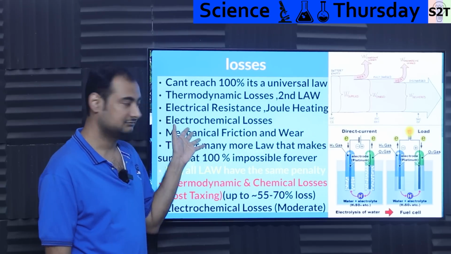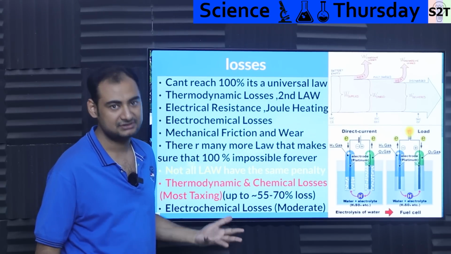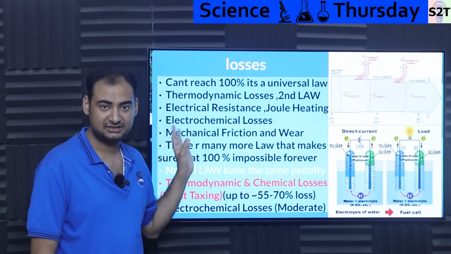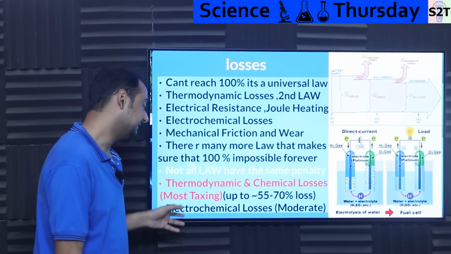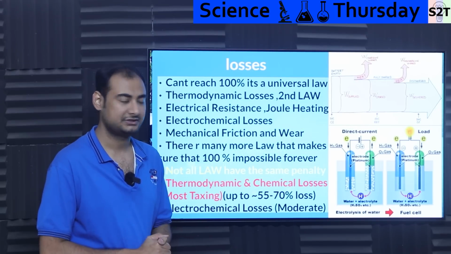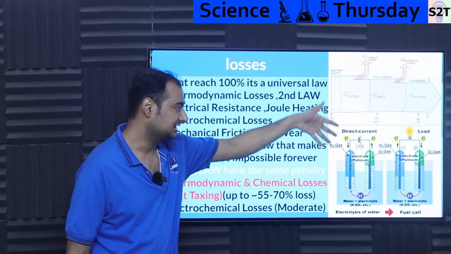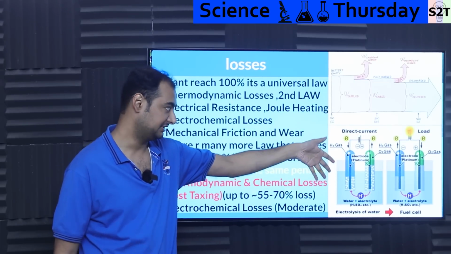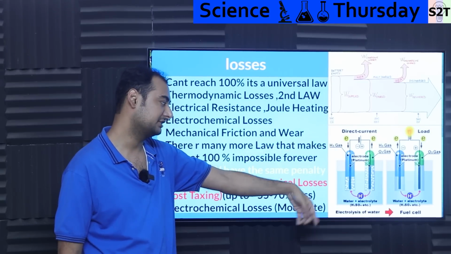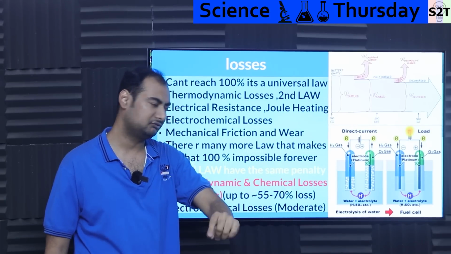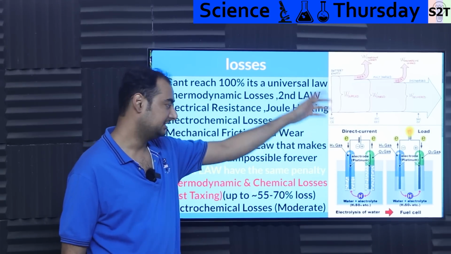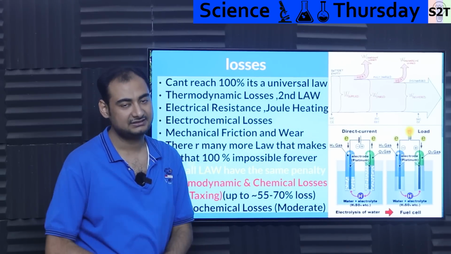While other losses are losses and they do cause issues, compared to thermodynamics, they are chump change. Electrochemical losses are much more moderate. So whenever you go through the thermodynamic route of a hydrogen system, basically dumping direct current into a beaker with water plus electrolyte like H2SO4 and splitting it up, that process is a thermodynamic process.